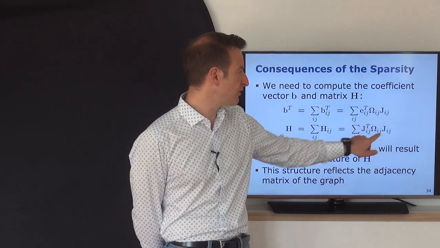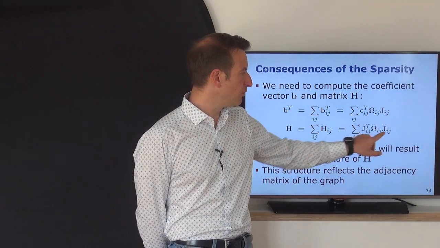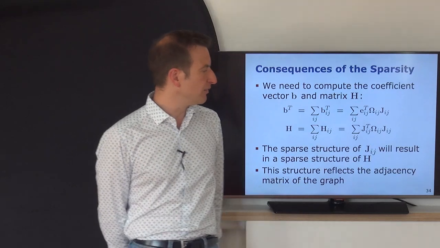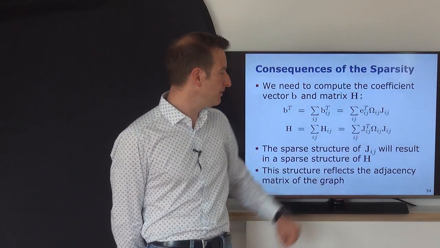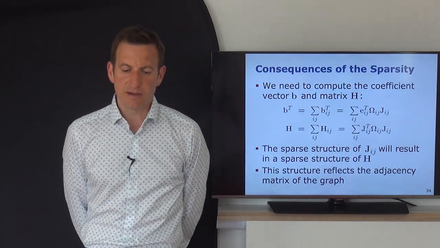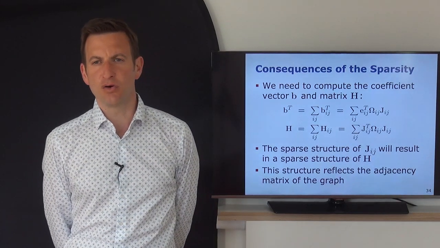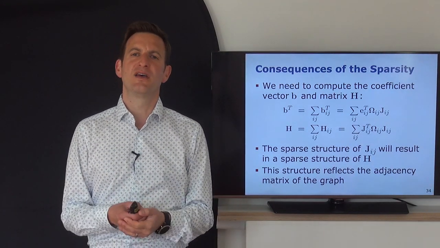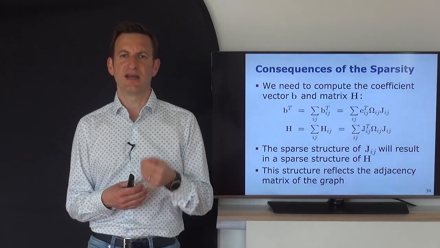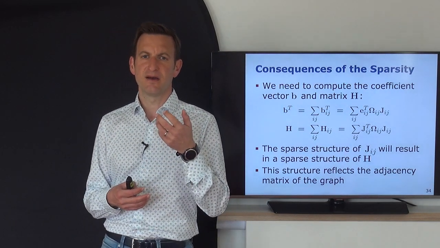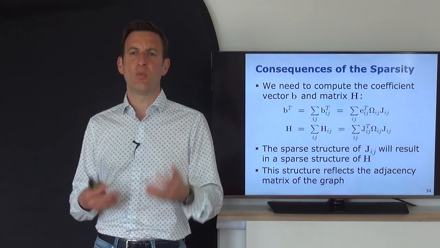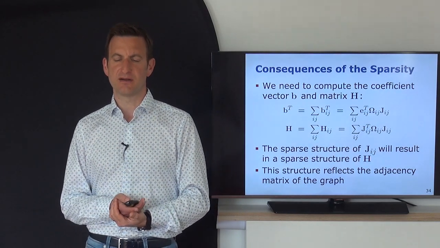For the H matrix, you can very clearly see the Jacobian popping up twice here, and for the b vector you see the Jacobian over here. As we will see, the sparse Jacobian will also lead to a sparse matrix H, and this is one of the key reasons why we can actually solve them in an efficient manner.